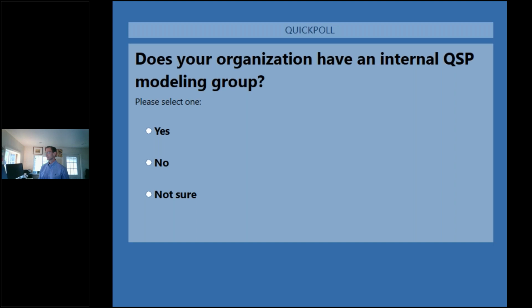Does your organization have an internal QSP modeling group? And we'll go ahead and give you a few seconds here. I see a lot of no's so far.